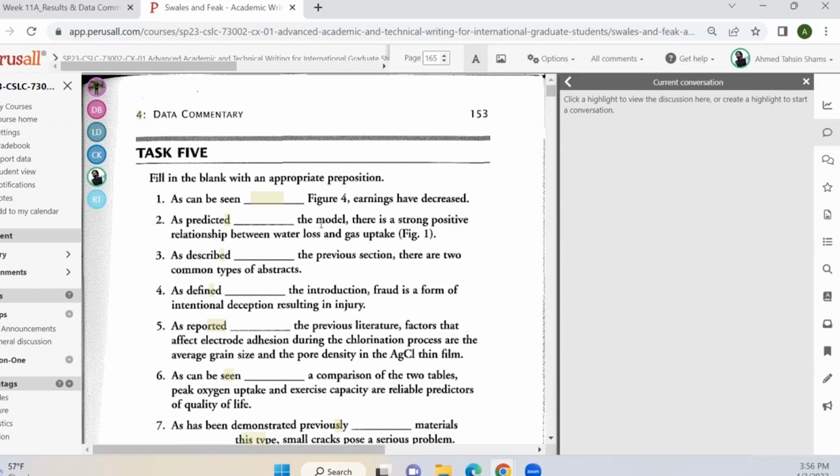Preliminary results are something you get before you do the research, a trial test. Usually here you're doing the research, you have the results, so you don't need preliminary results.